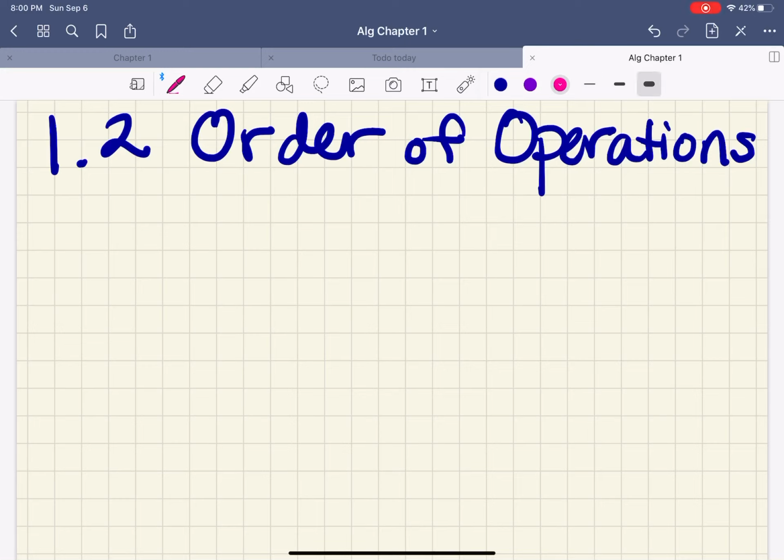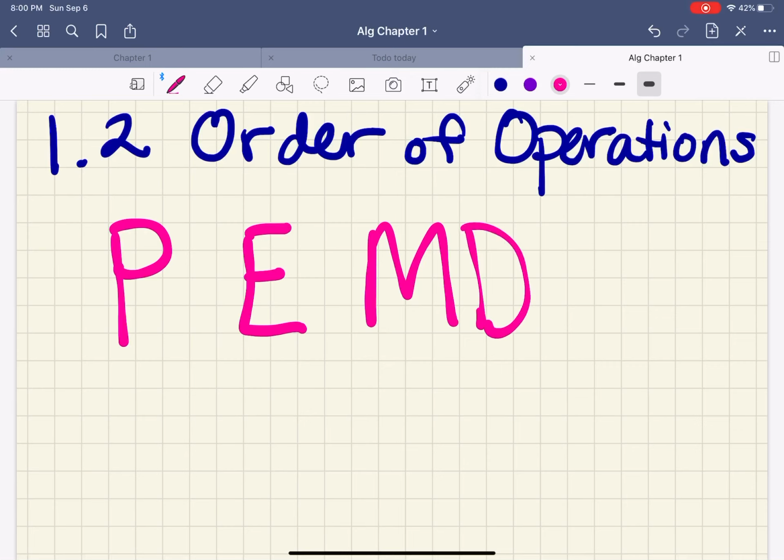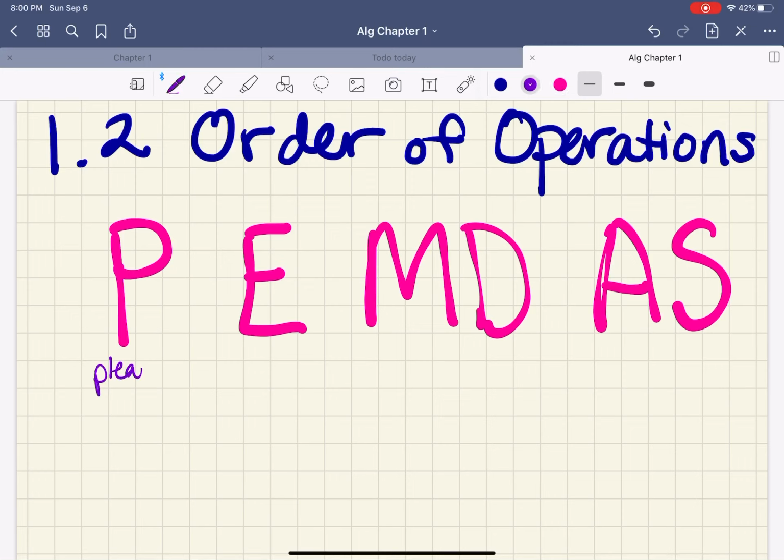So the order of operations is PEMDAS. We make the sentence, please excuse my dear Aunt Sally, to help us remember that this is our order.